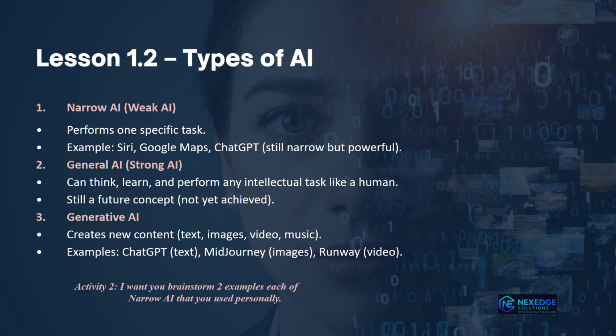An example of this is ChatGPT, which creates text, and then we have Midjourney, which creates images, and we have Runway, which creates videos. Apart from these that I mentioned, there are still other AI that can create text, images, and videos. So those are the three types of AI that we have.